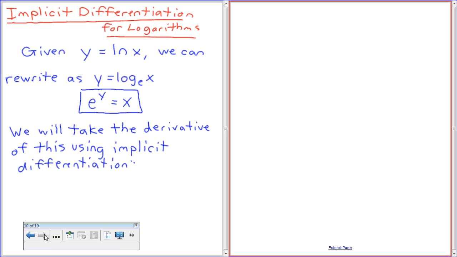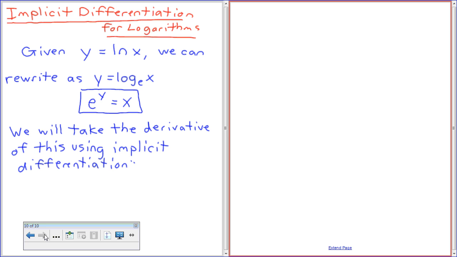Let's do some differentiation. What's the derivative of e to the y, please? I'm just taking the derivative of both sides, right? So let's start with the left-hand side.